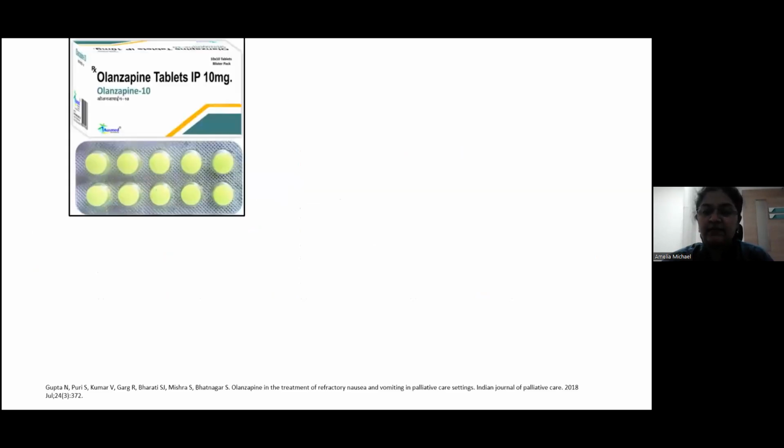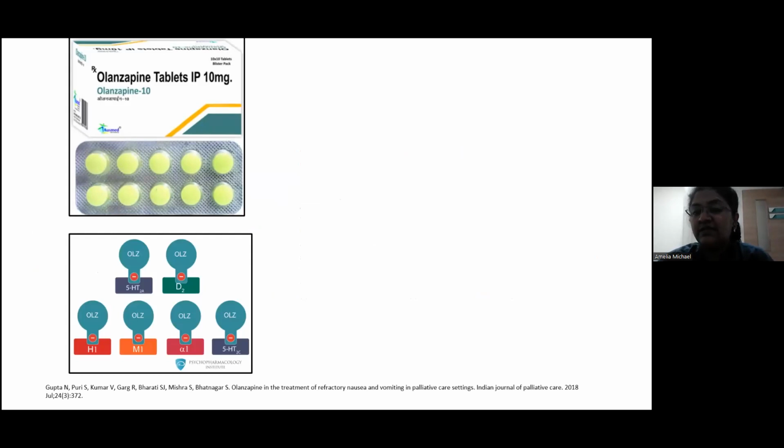So non-pharmacological measures, I think Madam has already spoken about it, but I'll just put a few slides about olanzapine. As ma'am said, 10 mg is what is there. But in my clinical practice, I've never had to go beyond 2.5 and sometimes 5. I have very rarely used 10. And even with 5, they start to get quite sleepy.